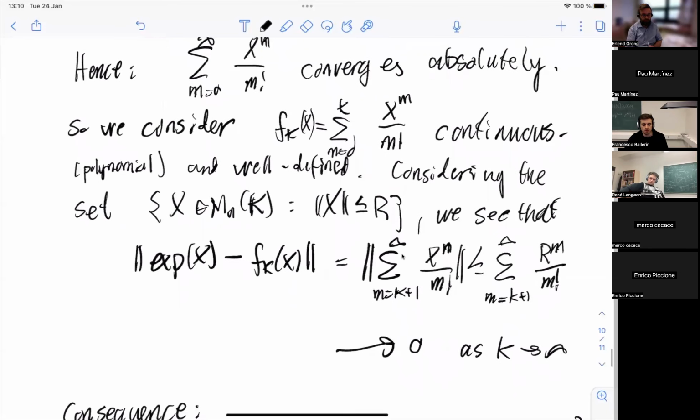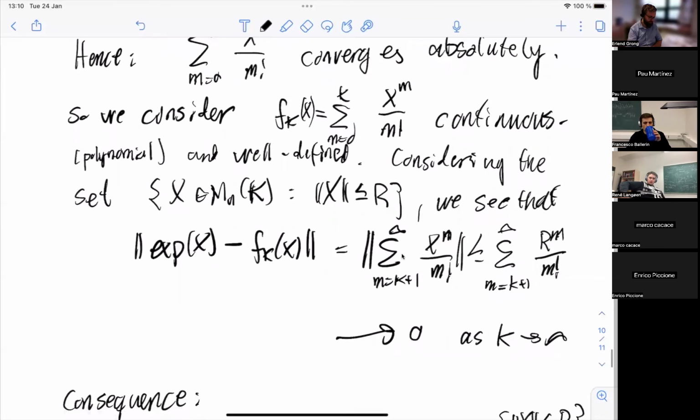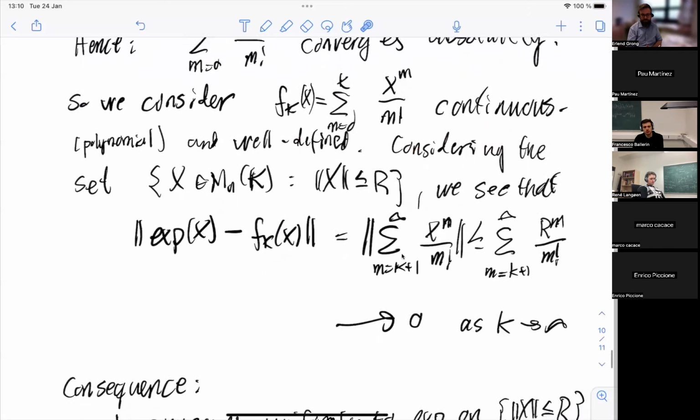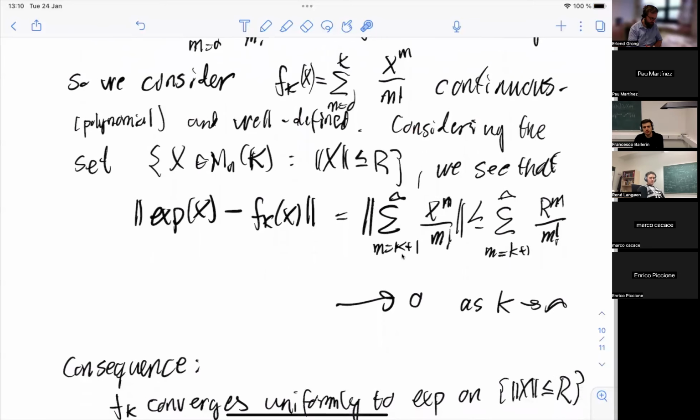Next thing we need to do is to show continuity, and the way we're going to do that is we're going to look at the finite sums, which are continuous, and then show that if I have an element that's no larger than R, I can bound the difference between the exponential map and f_k by something that doesn't depend on x.